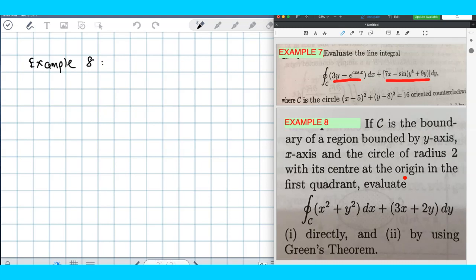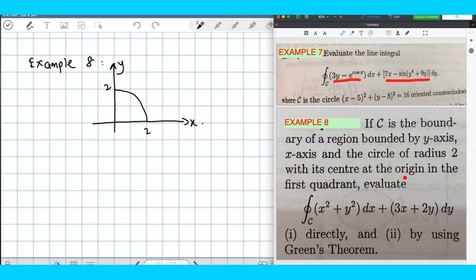So now let's draw the region. We have a circle of radius 2, center at the origin, in the first quadrant. So this is 2, 2, on the xy plane, bounded by the x and y axes.